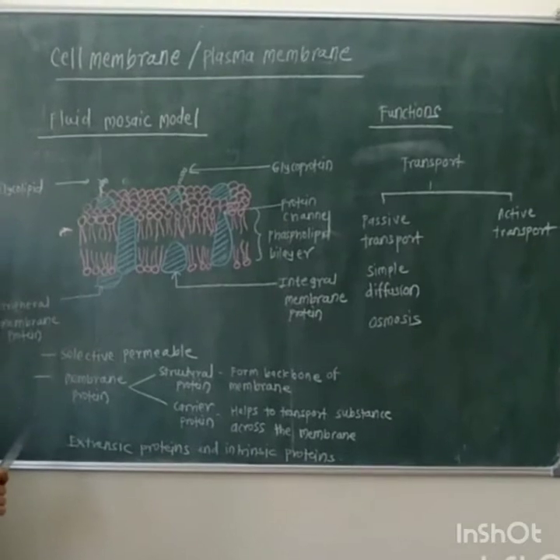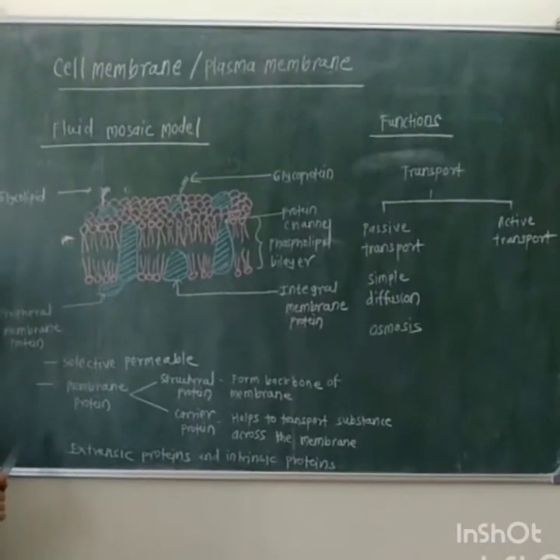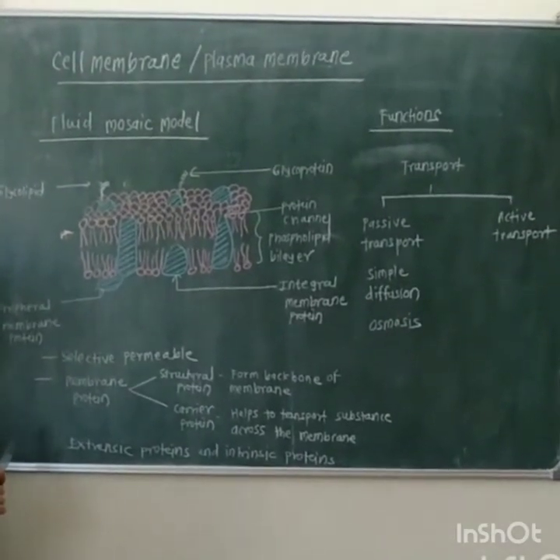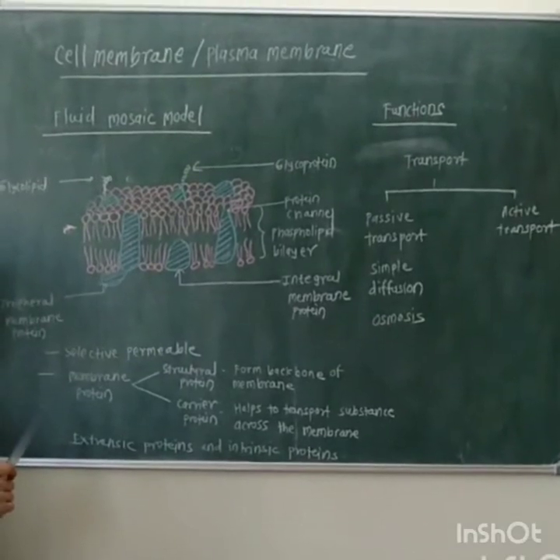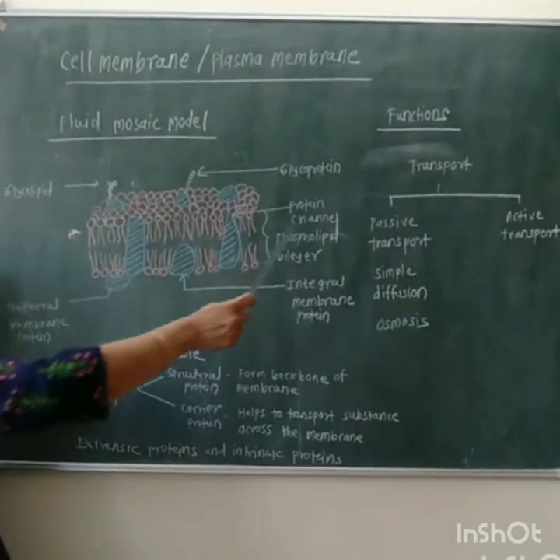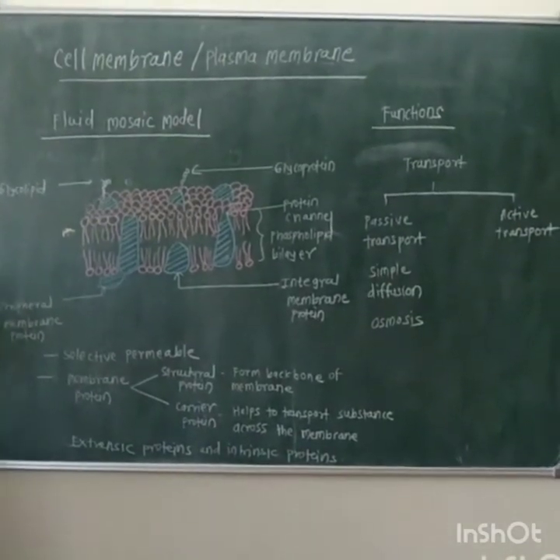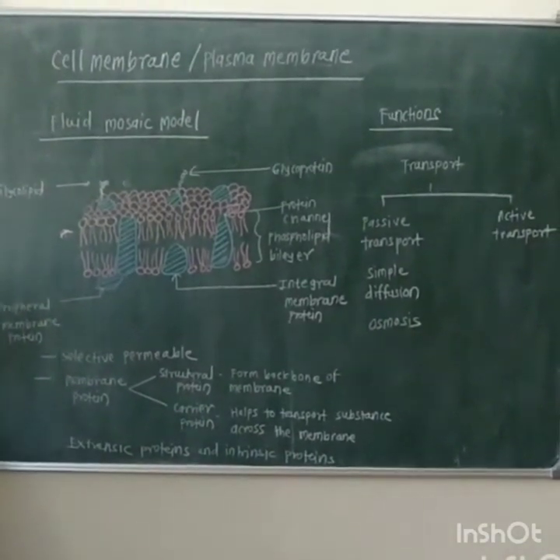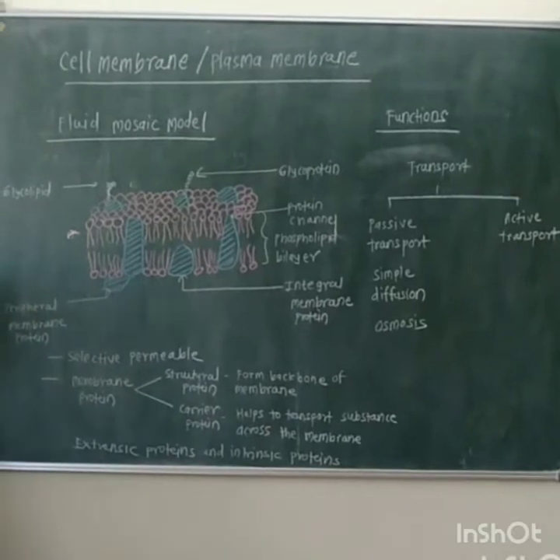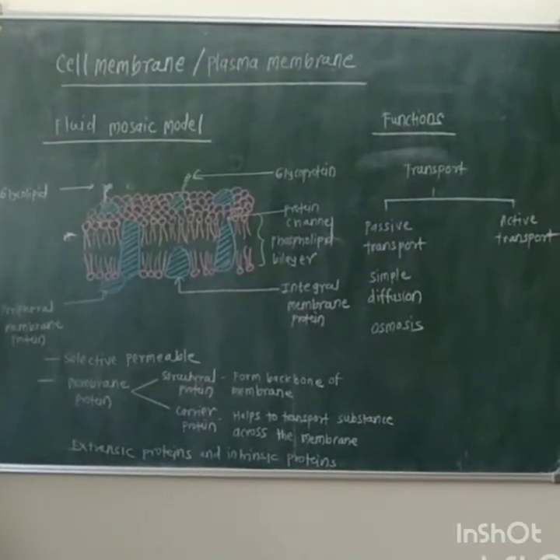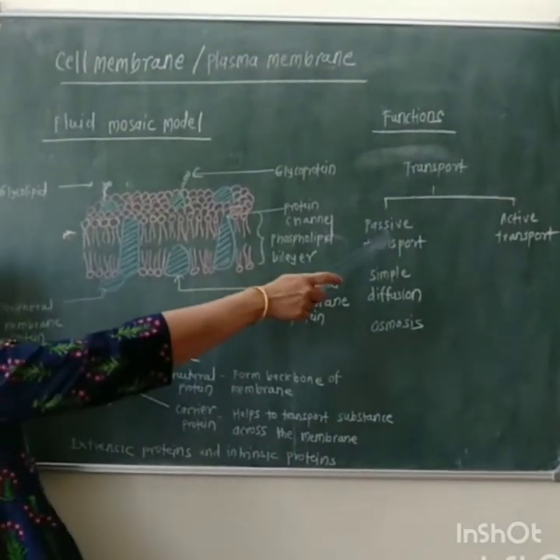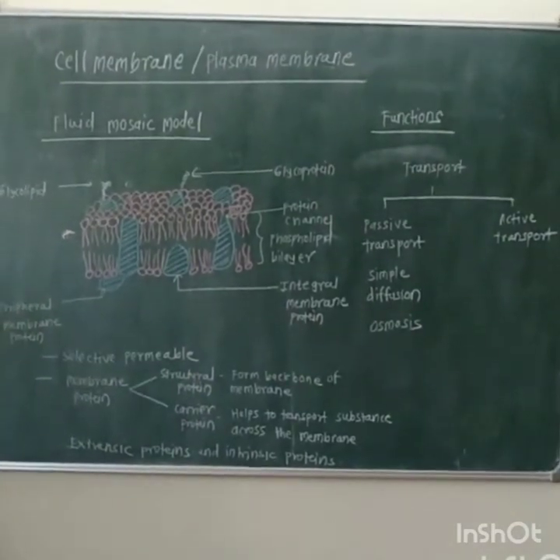The plasma membrane is a selectively permeable membrane. So as it is selectively permeable, it helps in the transport of substances across the membrane, and it is by two ways, passive transport and active transport.